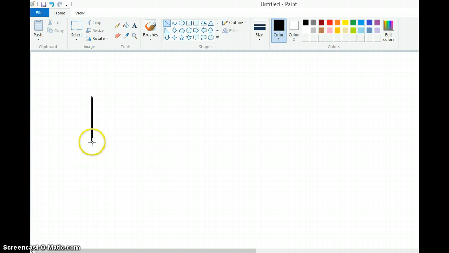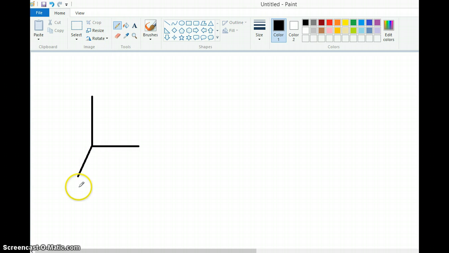this line, which is the y-axis. Another line which I would draw is going to be for the x-axis, and another line that's going to be for the z-axis.